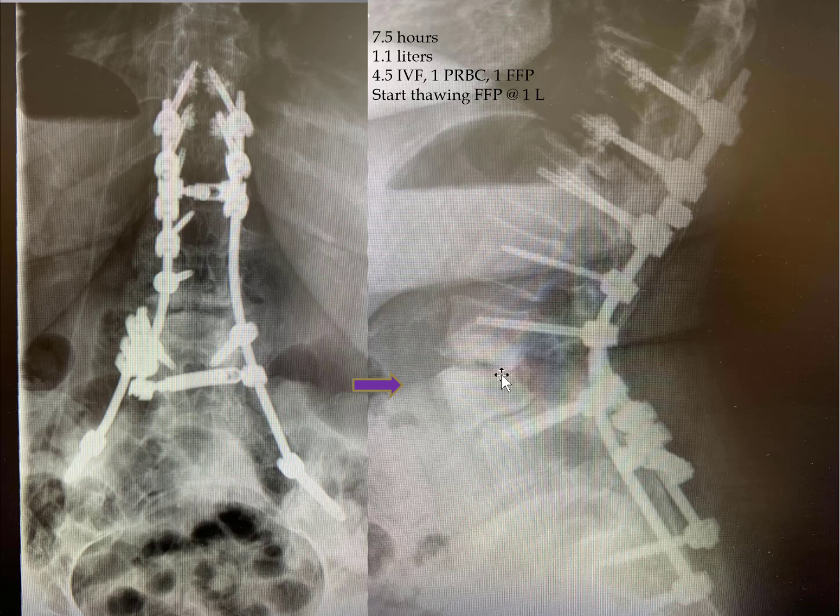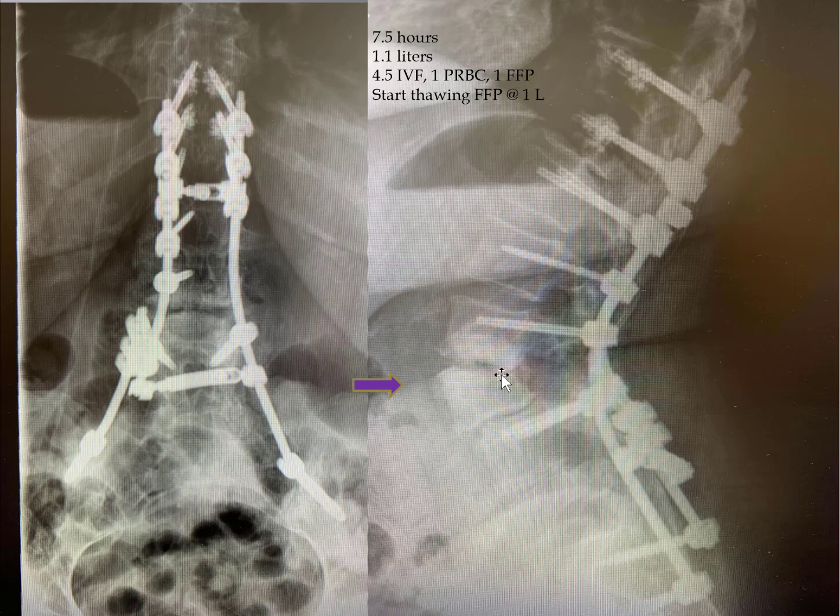4.5 liters back, 1 unit of packed red blood cells, 1 unit of fresh frozen plasma. The other thing is I have a rule that once I get to 1 liter of blood loss, I tell the anesthesiologist before the case that the anesthesiologist must tell me when I hit 1 liter of blood loss. And the reason is I think at 2 liters, you basically have a very high risk for DIC coagulopathy.